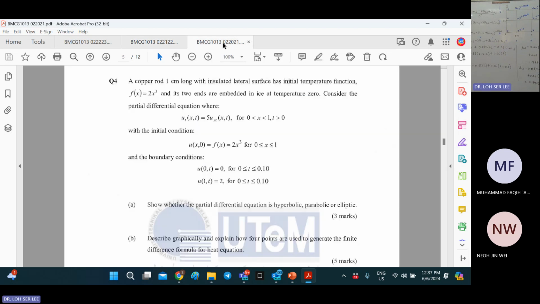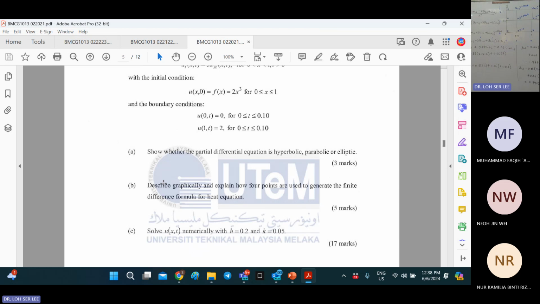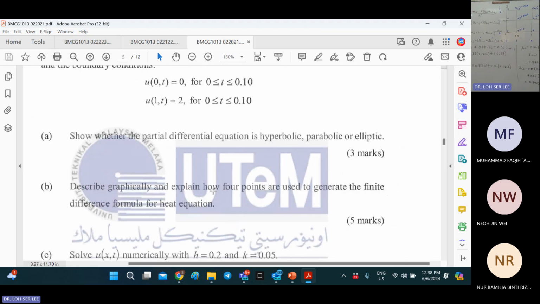Okay, the past three years, this is a heat equation. Then show whether this is hyperbolic, parabolic or elliptic. Describe graphically and explain how 4 points are used to generate the finite difference formula for the heat equation.